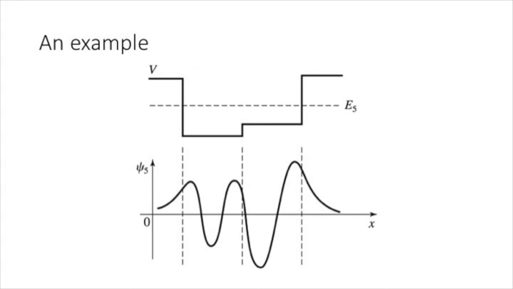There we see that the energy eigenfunction is in fact oscillatory. We also notice what I said about the wavelength and the amplitude. On the left half of the well, we have a lower V, which means that we have a larger difference between the total energy and V. The result of that is that we have a shorter wavelength there and a smaller amplitude.